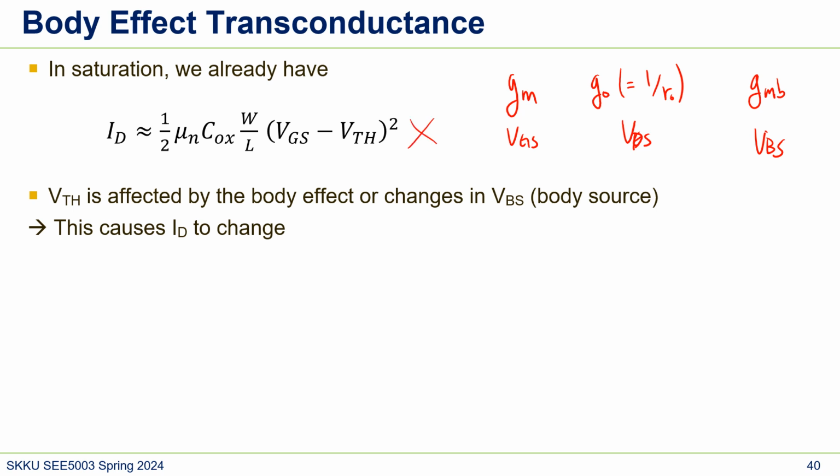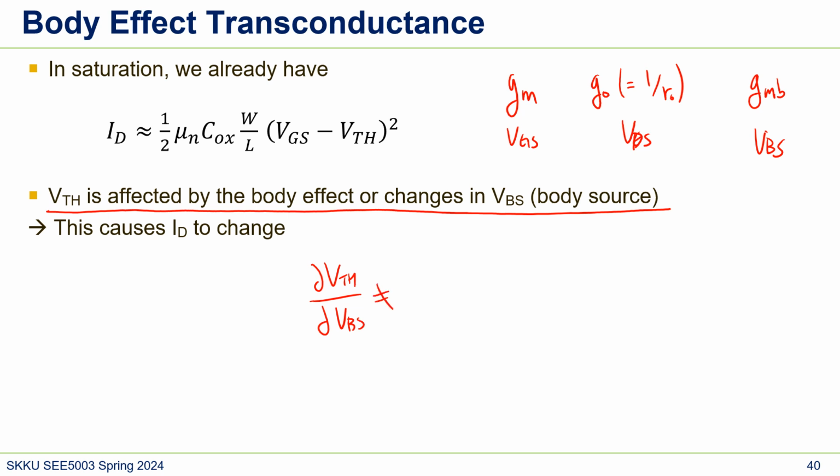Actually, VTH is affected by the body effect, or change in VBS. So VTH is a function of VBS. What it means is that VTH differentiated by VBS isn't zero, so it means that ID over VBS isn't zero. So we need something.